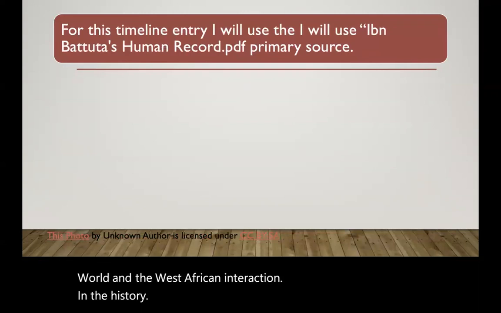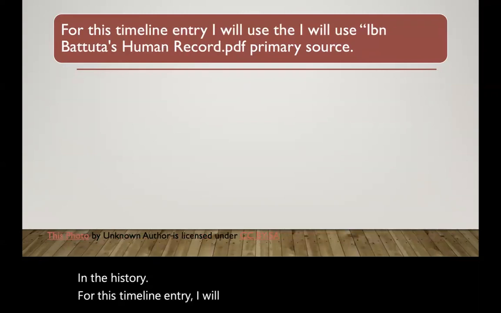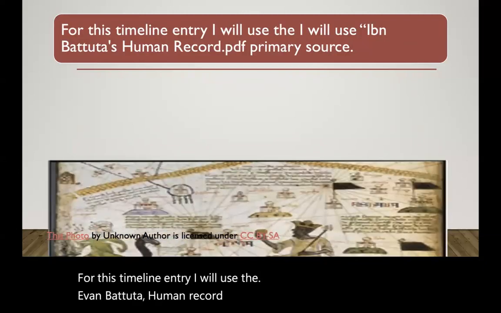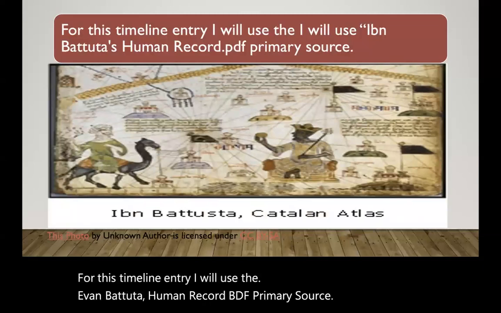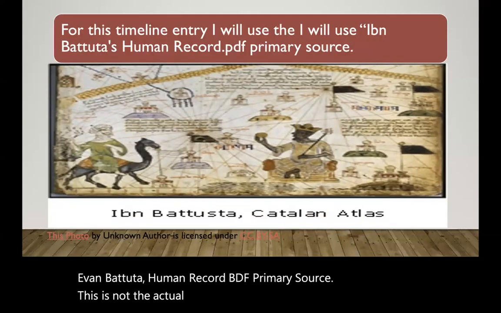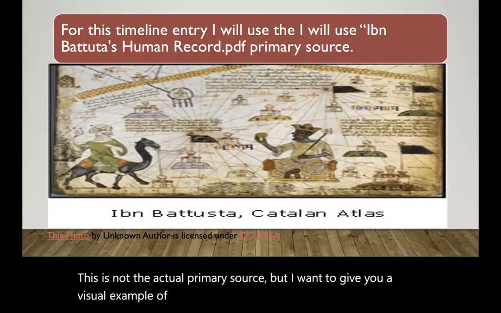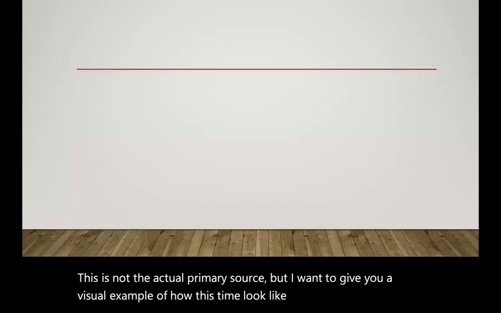For this timeline entry, I will use the Ibn Battuta Human Record PDF primary source. This is not the actual primary source, but I want to give you a visual example of how this time looked.